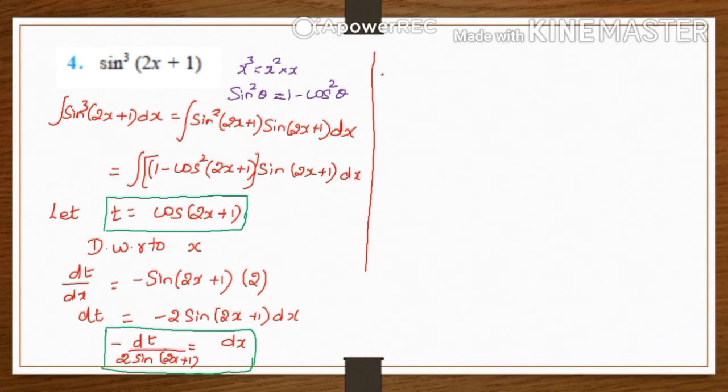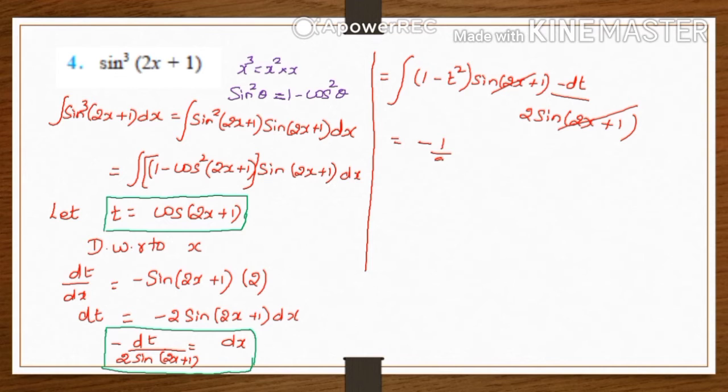So now this implies integral 1 minus cos square (2x plus 1), I can write as t square, into sine (2x plus 1), and dx value to be minus dt divided by 2 into sine (2x plus 1). So sine (2x plus 1) is cancelled in numerator and denominator, and we are left with minus 1 by 2, which we can keep outside the integral, into 1 minus t square dt.